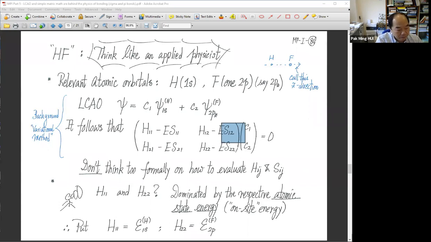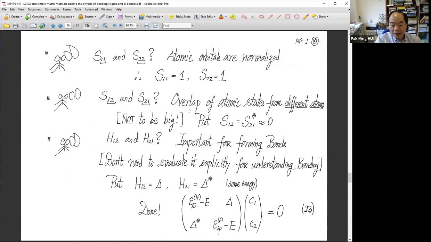That is formal. However, if our aim is just to solve for roughly the eigenvalue, it is not a bad approximation to simply say S12 is 0. They touch each other, but only slightly. So I want to make this approximation because the matrix will become easy to solve. So let's say it is the case, then let's see what happens.